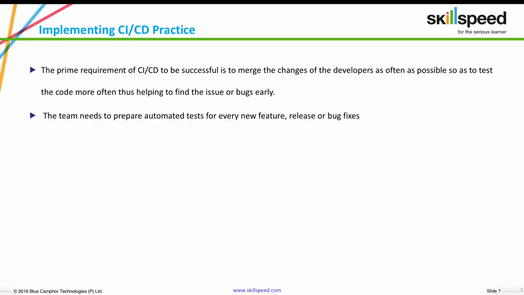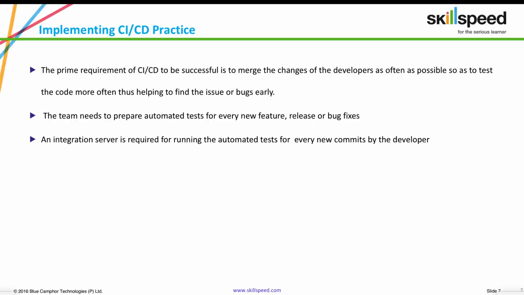And yes, automated tests are very important, because when you want to have a good continuous integration, continuous delivery pipeline, you cannot rely on manual testing procedures. You need to have automated tests written, and they should be triggered automatically by a CI server like Jenkins.